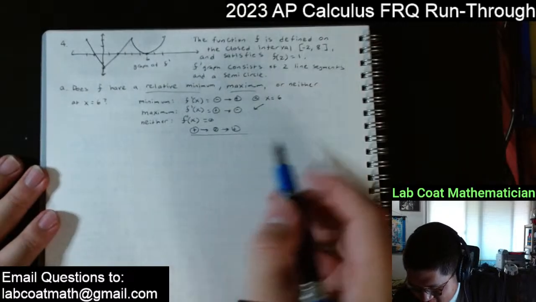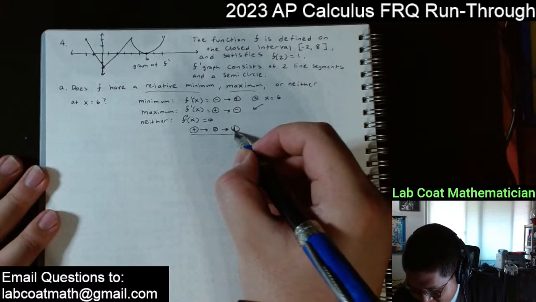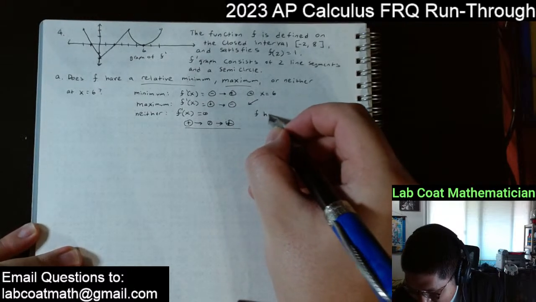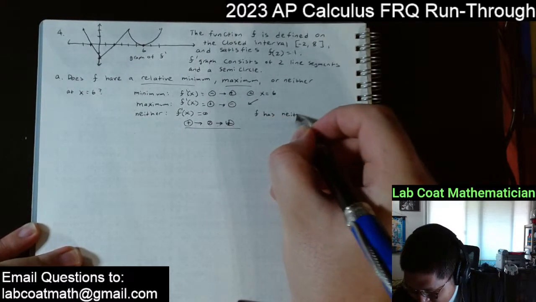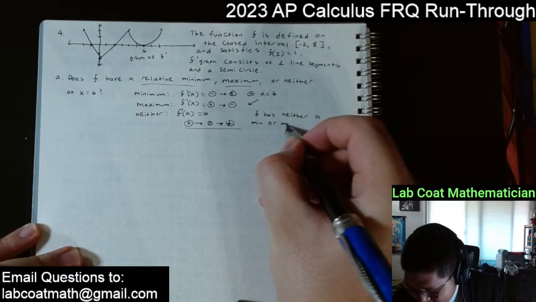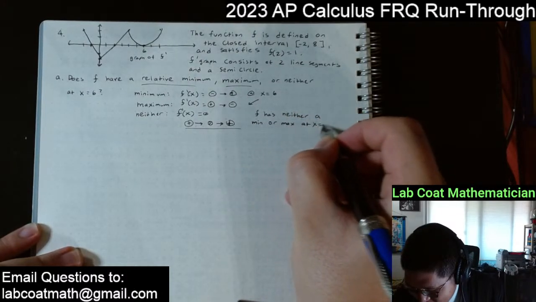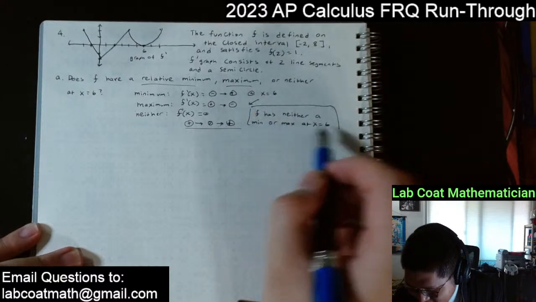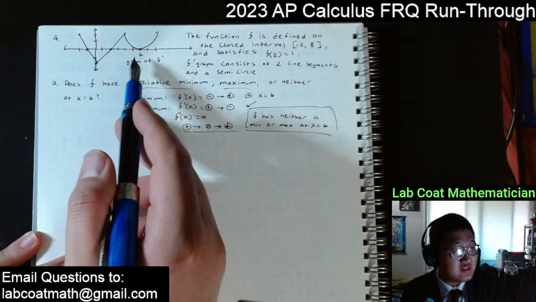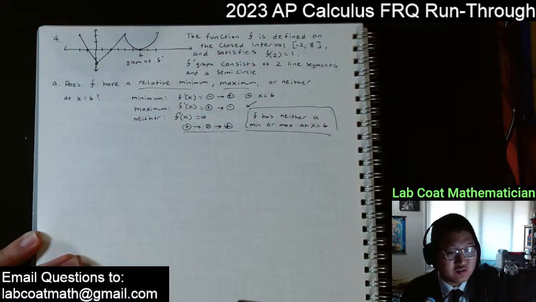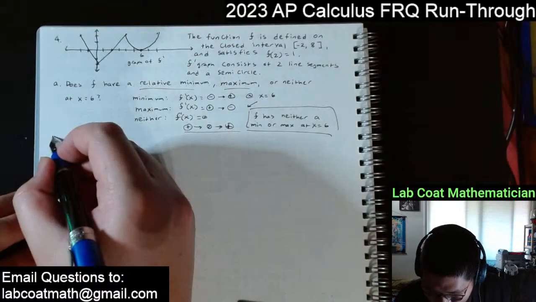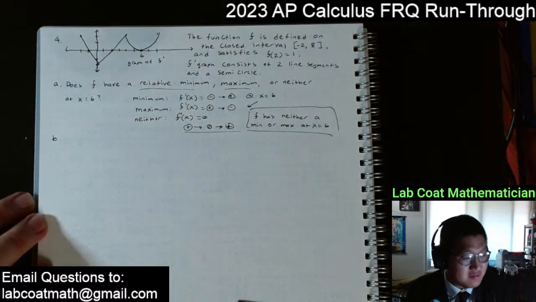So because of that, of being positive from 0 back to being positive, we can conclude that f has neither a minimum or maximum at x is equal to 6. Our work shows that we simply touch the x-axis at the point of x equal to 6 and go back up to being positive again. Okay. So with that, we can go over to part B over here.